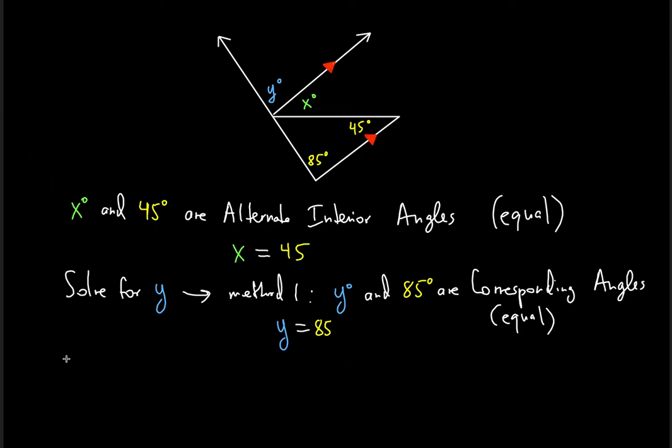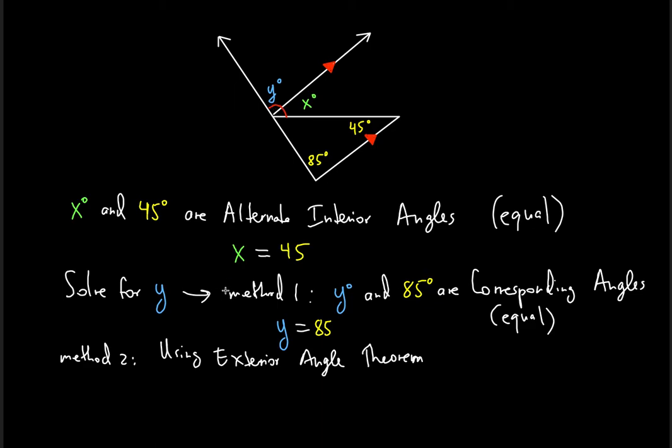Now what is the second method? The second method is to use the exterior angle theorem. The exterior angle theorem will tell you that basically the exterior angle, in this case, is going to be this angle here.